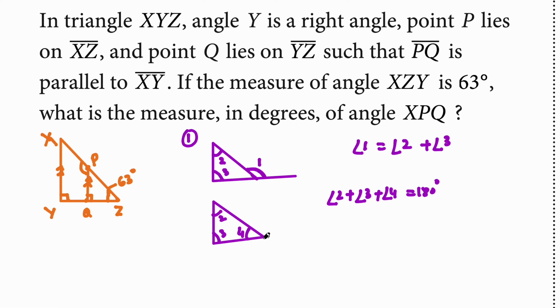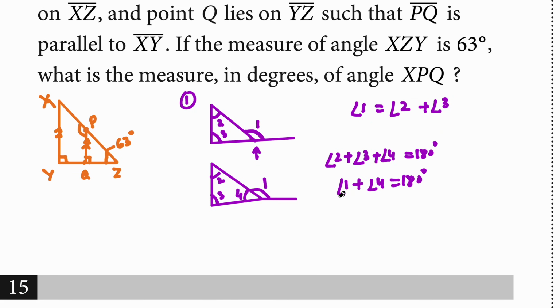But if I extend this one here, then this is angle 1 in our figure. So angle 1 plus angle 4 is equal to 180 degrees. Now because both are equal to 180 degrees, I can equate them. So angle 2 plus angle 3 plus angle 4 is equal to angle 1 plus angle 4. Now subtract angle 4 from both sides.